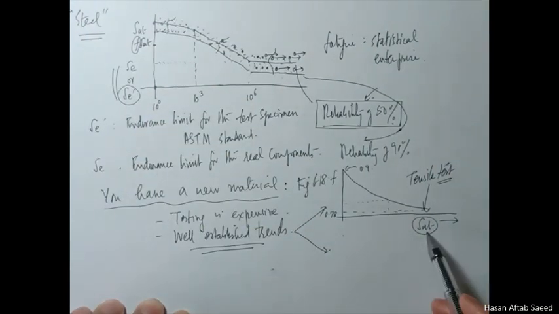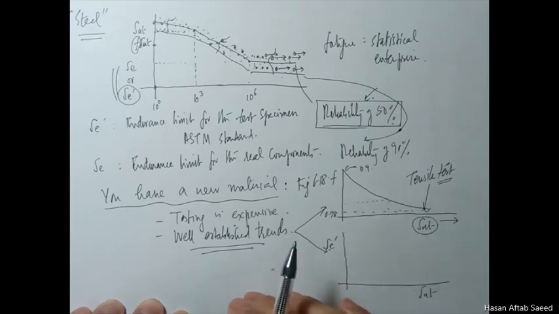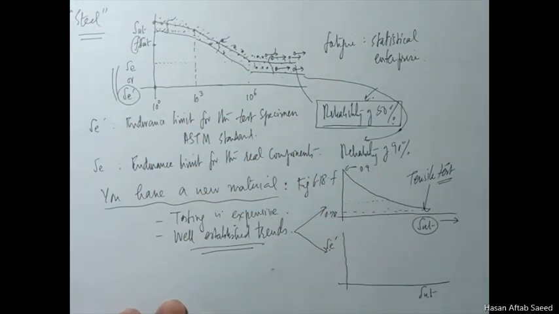So how to relate SUT with the SE? Again, I will write prime here because this prime means we are still in the domain of experiments. We are not talking about the endurance limit of a real-world part, for example, a plate or a shaft, because here we are just discussing rotating beam experiment specimens.